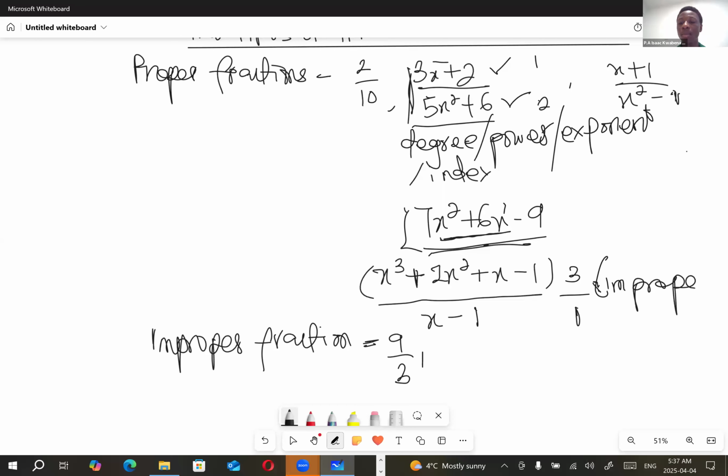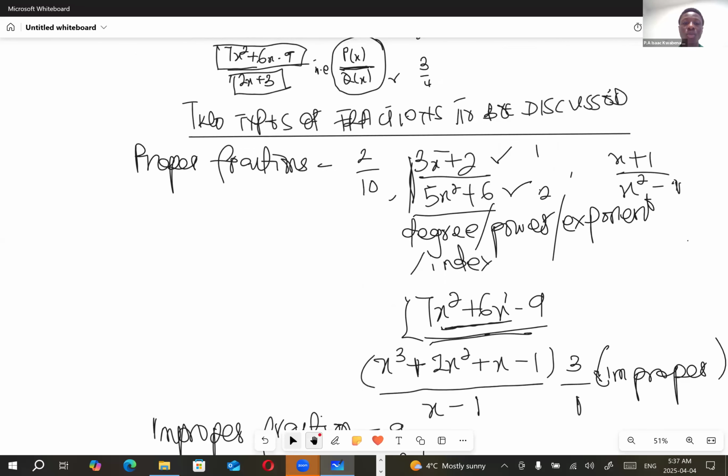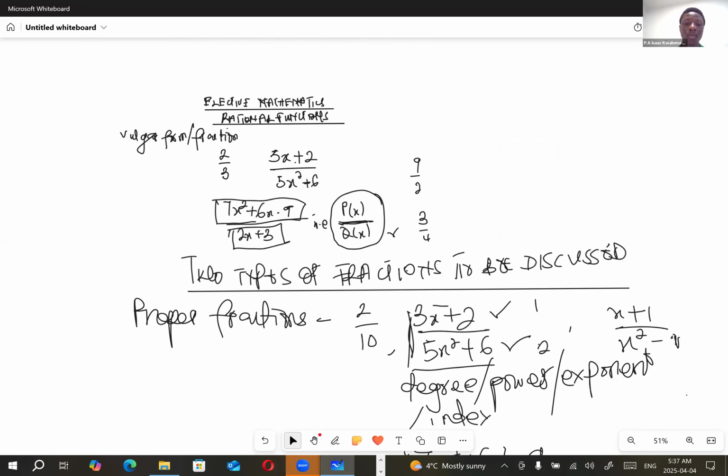Not only that, I got you one right. This is an example. There is one here too, guys. This one. It's also improper. Do you agree with me? Yes, sir. Study it closely. Yeah. So that is it.